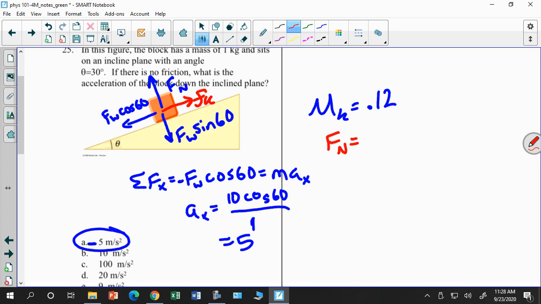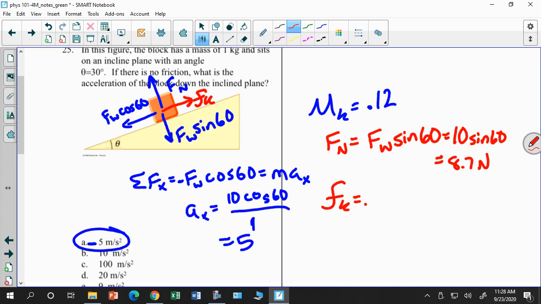But I know that Fn is equal to Fw sine of 60. That's equal to 10 sine 60, or 8.7. And then Fk is mu times the normal force, which is 0.12 times 8.7, and that's equal to 1 newton.